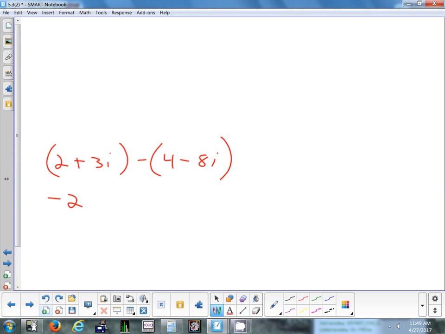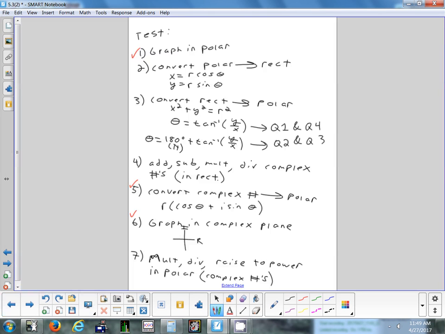And what about your imaginary part? 11i. Question why it's 11. Remember, that negative applies to both. So once you distribute it to the -8, it becomes like a +8 with a +3. Okay, so any other questions on that?